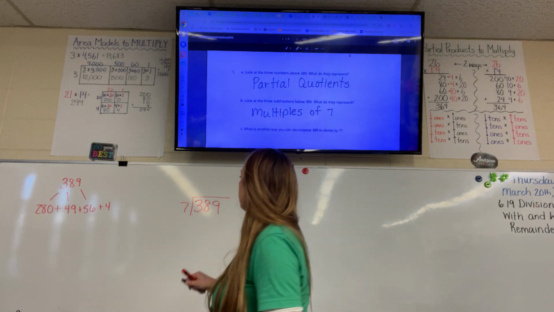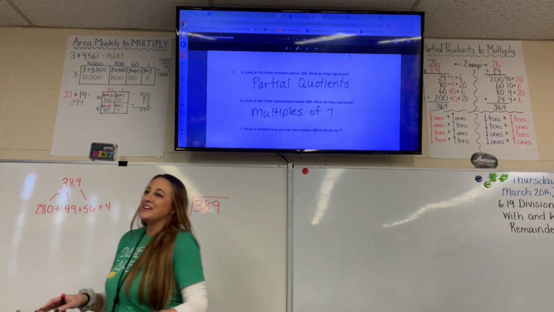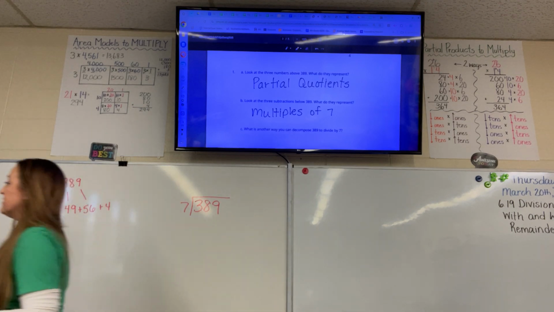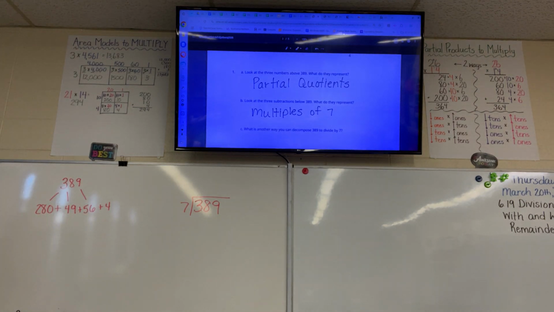Right. Okay. So we're going to do it our own way, and because you don't have to split it that way. So if we go to the 7 row, what is the biggest number on the 7 row that you see that you could take away from 389? Yes, 350.